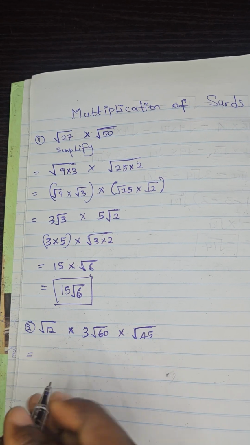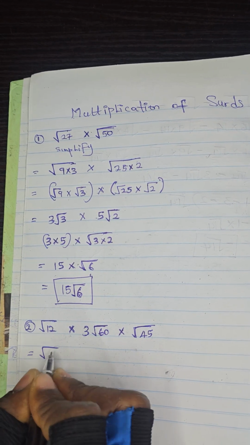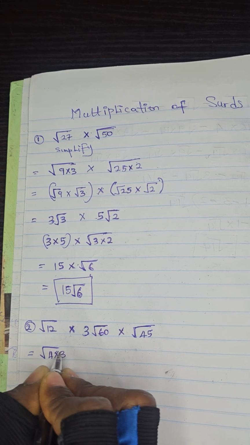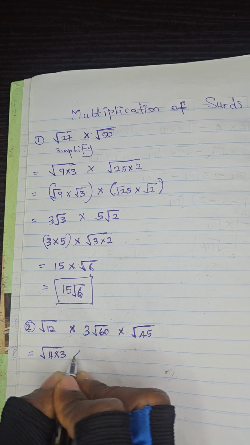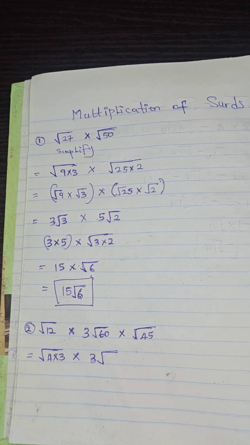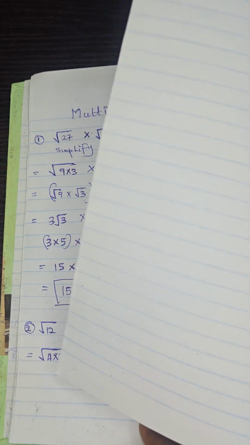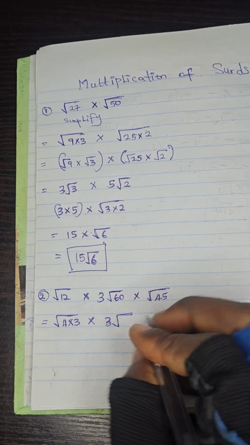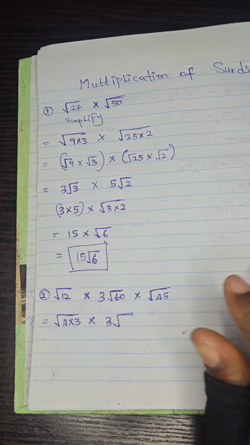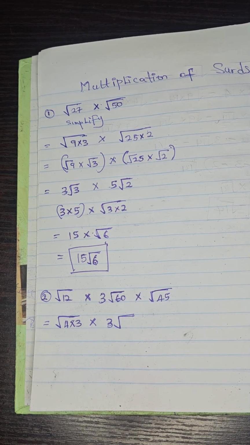So let's start by simplifying. 12 is the same thing as 4 times 3. 60 is the same thing as, I think, 15 times 4. Is there any other simplification, any other perfect square that can be made out of this?